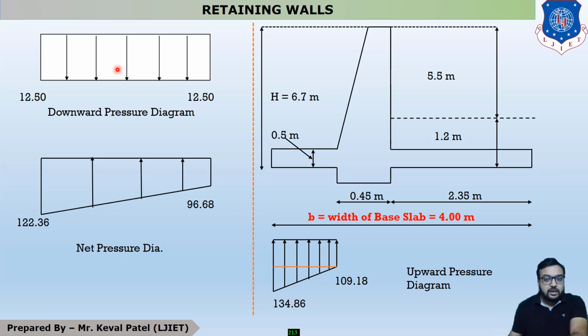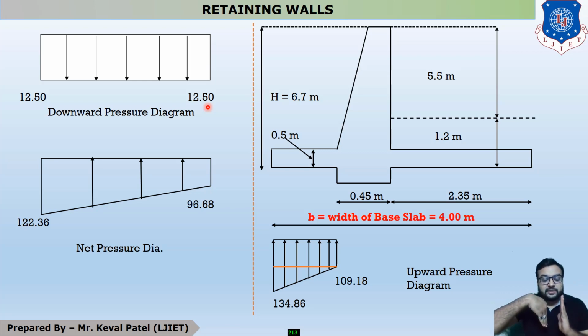because the thickness of the toe slab remains the same at all portions. You can see that this is our upward pressure diagram. At this point, our upward pressure is 109.18, and our downward pressure is 12.50. So what is the net pressure? You all know that our upward pressure is 109.18 and our downward pressure is 12.50.